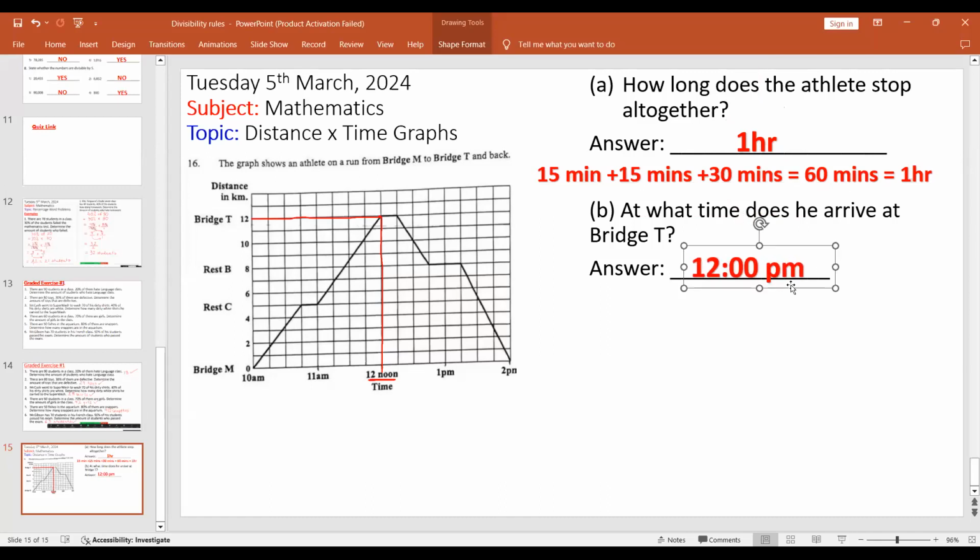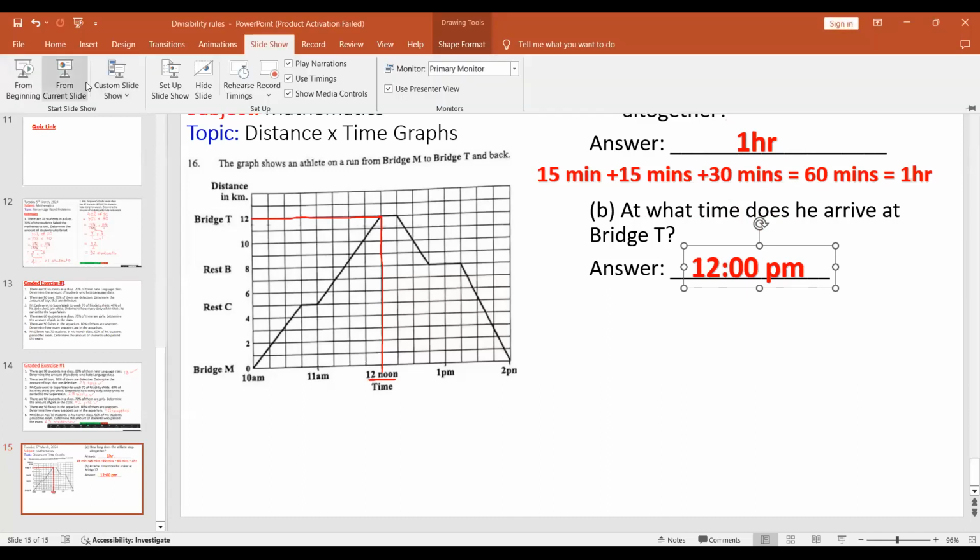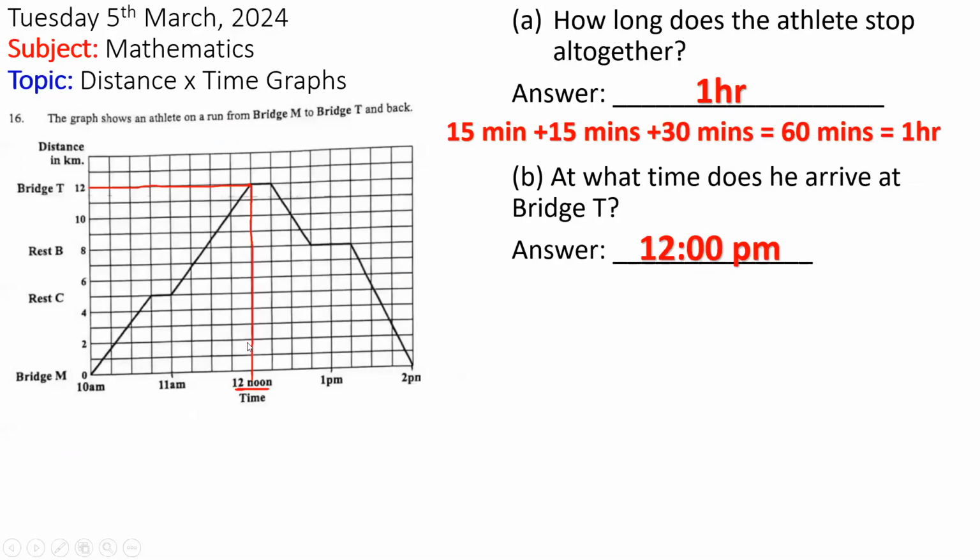Do you all understand how I got that? Yes, sir. Okay, good. All we did was we know they're asking us for Bridge T. What time do we arrive at Bridge T? Bridge T is right here, if we look carefully.